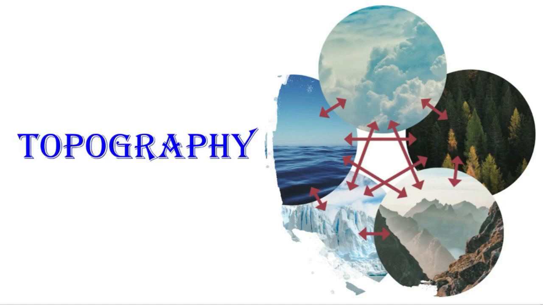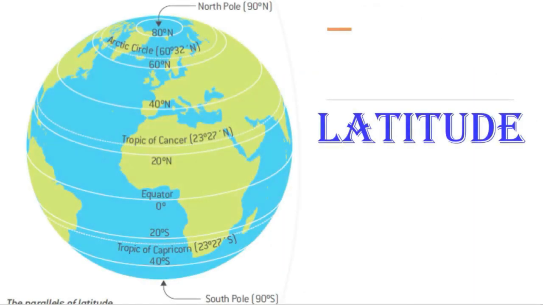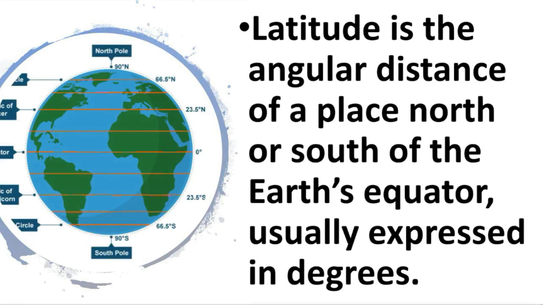Okay class, let us talk about the first factor that may affect the climate, which is the latitude. Latitude is the angular distance of a place north or south of the Earth's equator, usually expressed in degrees.